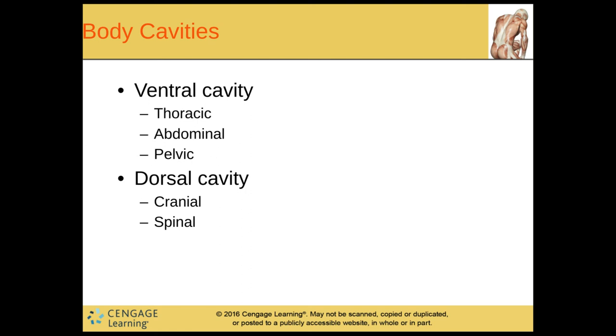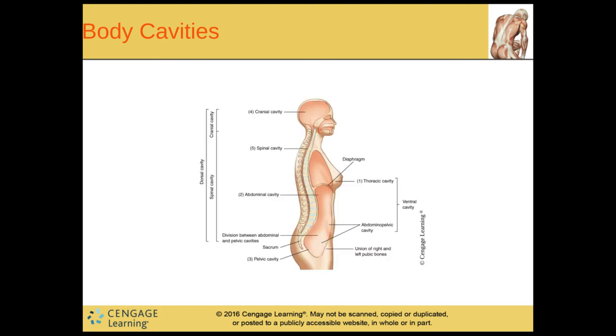So that's the cavity that holds the cranial cavity, which is your head and your brain, and then your spinal cavity. So this is your cranial cavity and your spinal cavity, right? And then this is your ventral cavity, which has your pelvis, your abdominal cavity, and your thoracic cavity here. Okay.